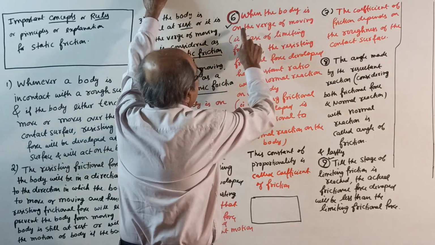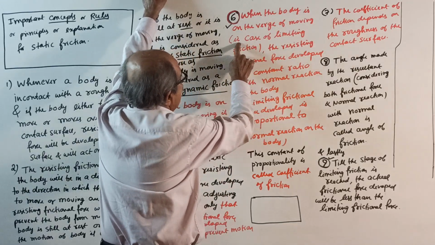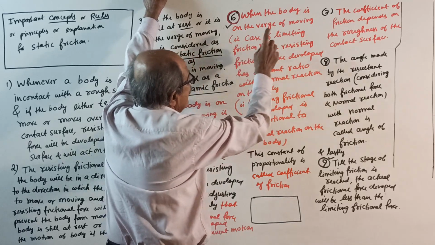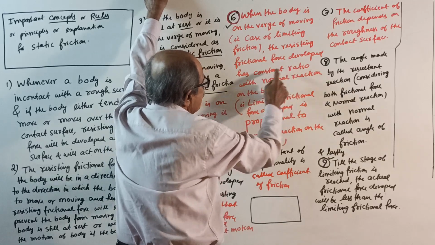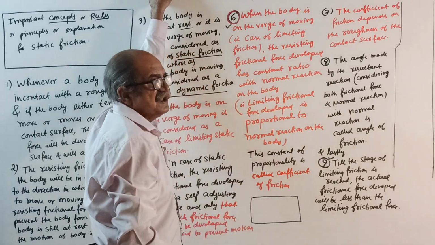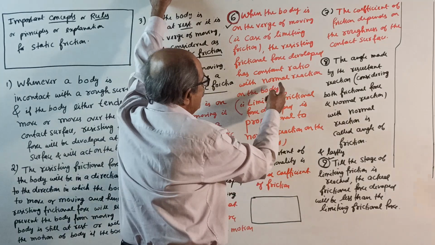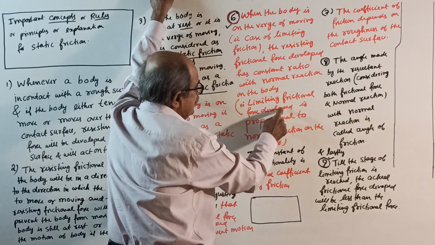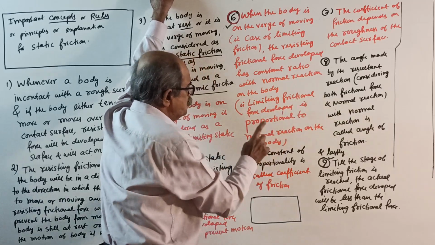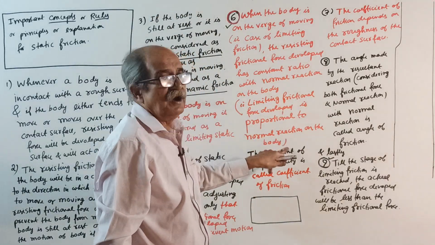When the body is on the verge of moving, that is the case of limiting friction, the resisting frictional force developed has a constant ratio with the normal reaction. Or you can write it this way: limiting frictional force developed is proportional to the normal reaction on the body.